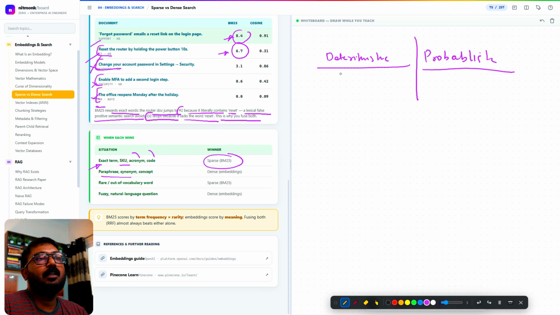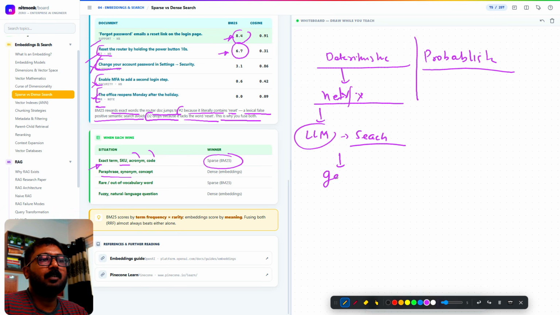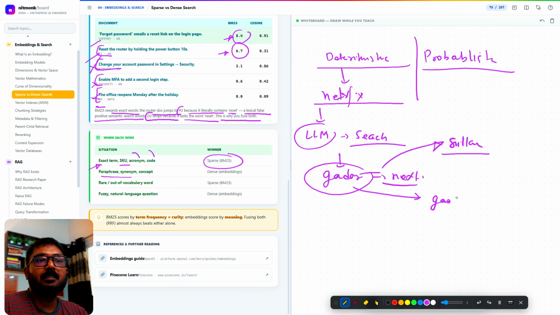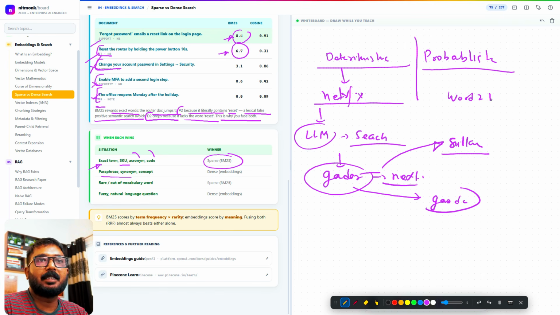correct? For example, if you talk about Netflix, I don't think they use LLMs to do the search, isn't it? Let's say you search for Gadar in Netflix. Netflix doesn't have the Gadar movie, but they try to show similar movies, and they try to figure out which Gadar you mean. I think they majorly used word2vec.